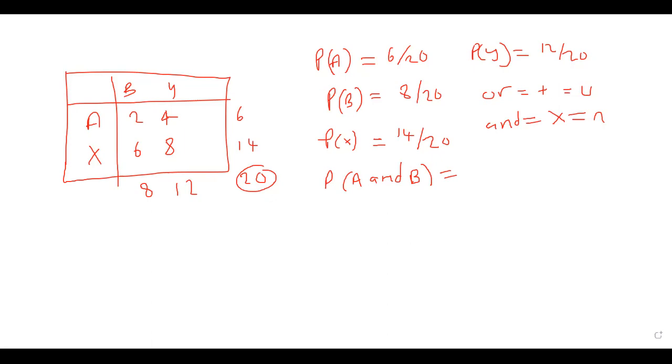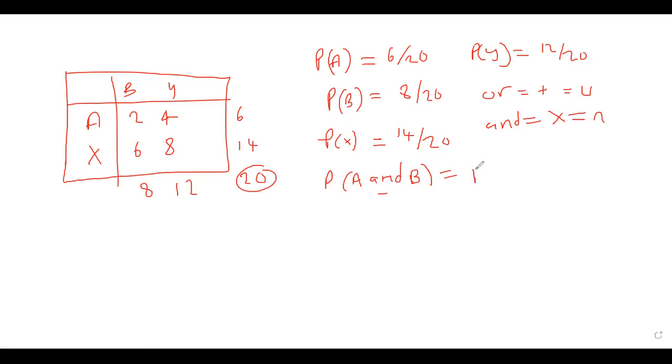OR means a union, so that's where we do probability A plus probability B minus probability of A intersection B. And AND means multiplication, or intersection.